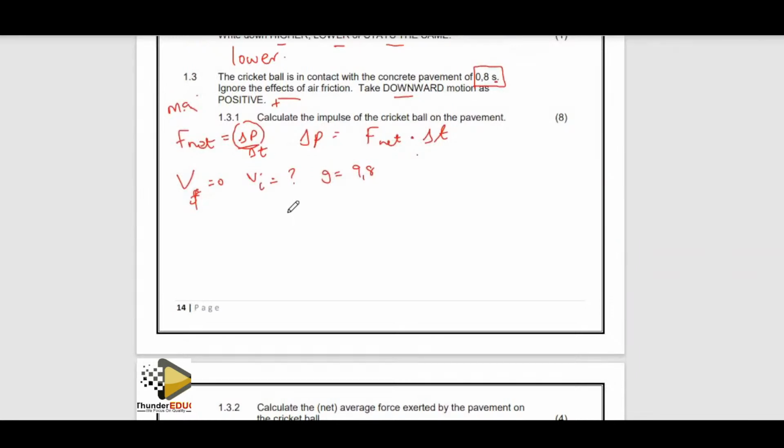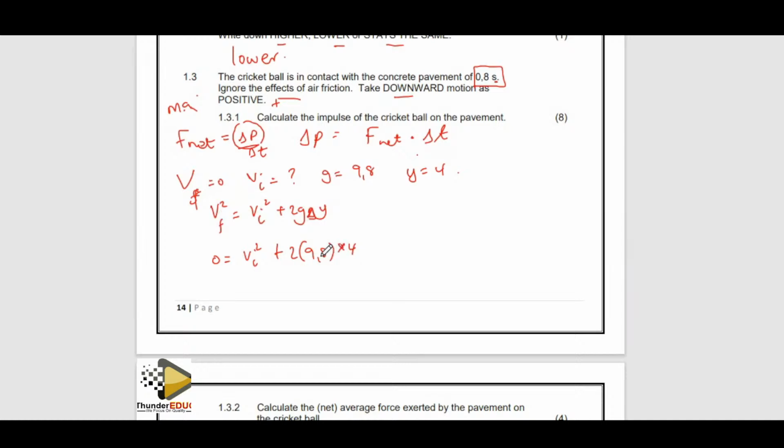It makes sense though. Displacement is going to be 4. And then from Vf squared is equal to Vi squared plus 2g delta y, when I do the substitution with the 0, this is Vi squared plus 2 times 9.8 times 4.